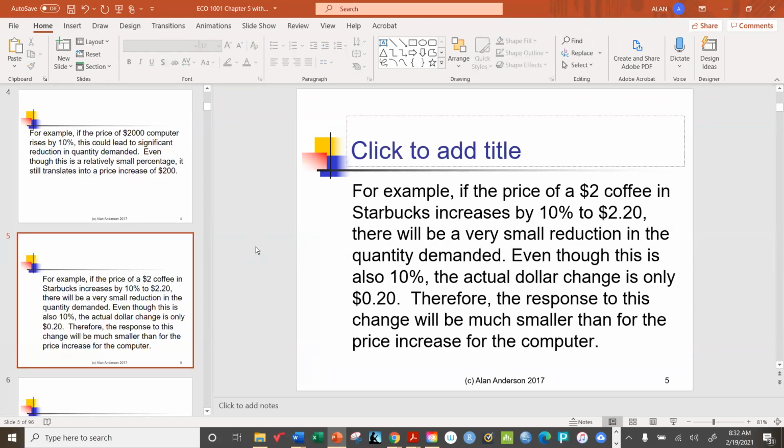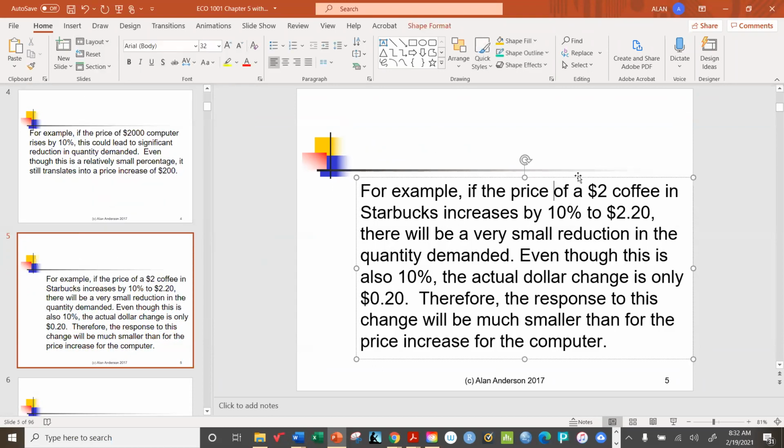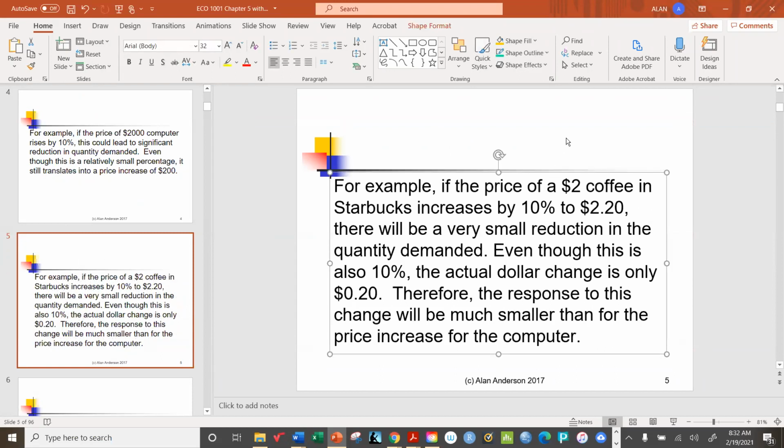On the other hand, if Starbucks does the same thing, they take one of their $2 coffees and raise the price by 10%. That only represents a 20-cent increase, and people may not even notice that. All right, maybe a few people will stop buying the coffee or buy less of it, but for the most part, it won't have much of an impact on the quantity demanded of Starbucks.